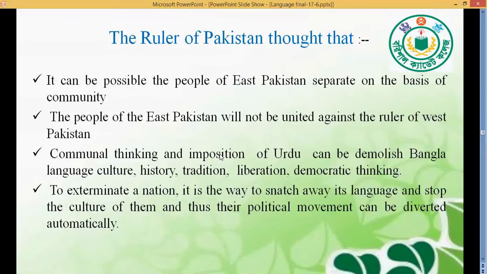Number four, they also thought that to exterminate a nation is to snatch away its language and stop its culture, and thus their political movement could be diverted.